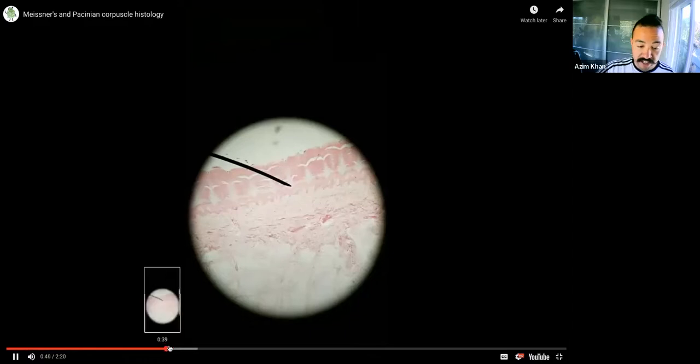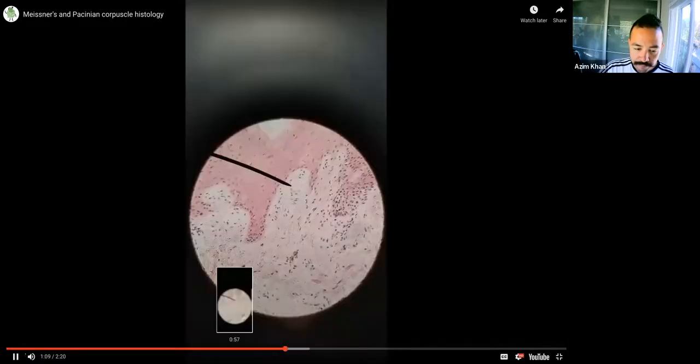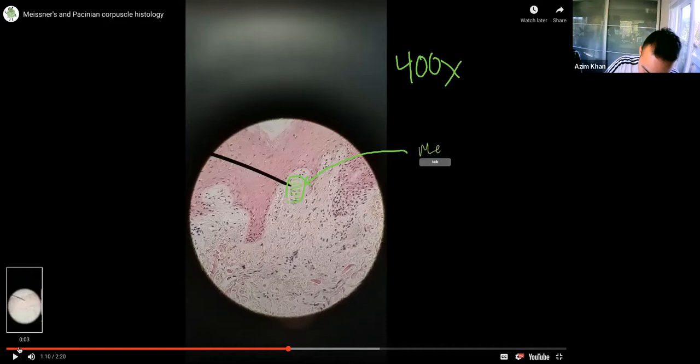So here we are in skin. This is thick skin. You can see the thickness of the stratum corneum. Here we are at 400x. This structure here is a Meissner's corpuscle, which is a complex neural receptor.